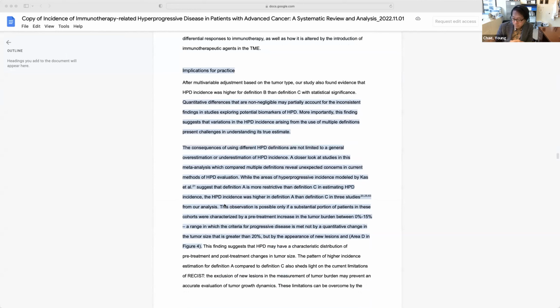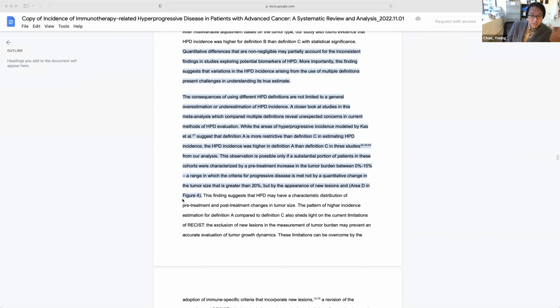And so I added a subsection called implications for practice, and basically elaborated a little bit more on why the differences across definitions is something that we should pay more attention to. And the part with the graph that we created, I tried to make that a little more clear. So I revised that section.